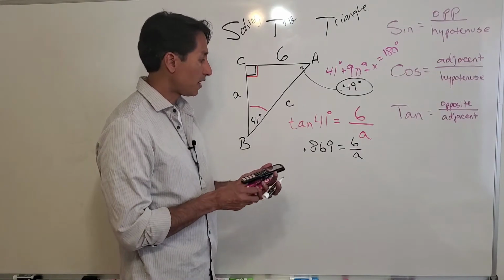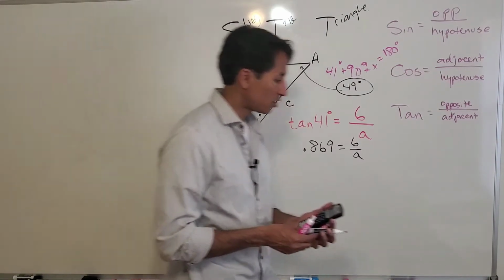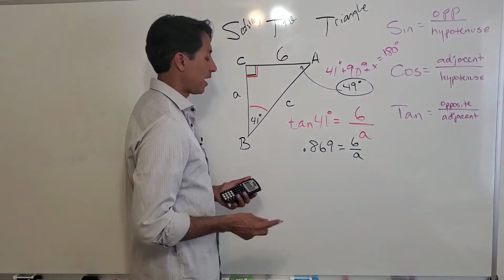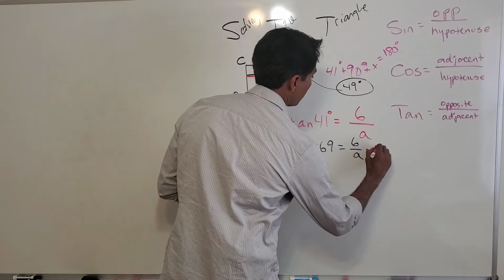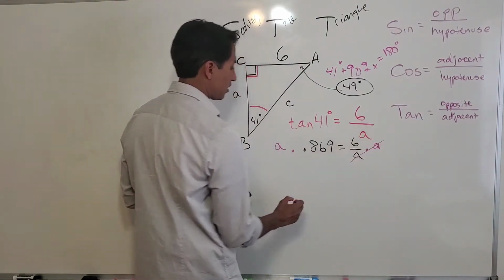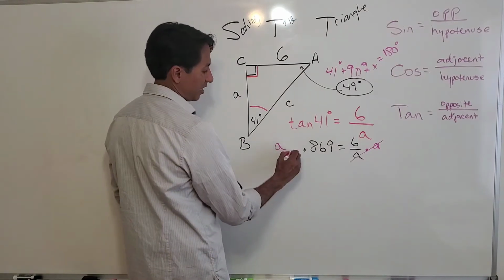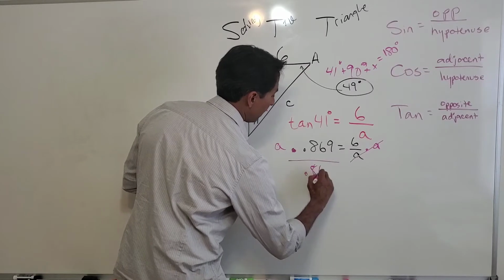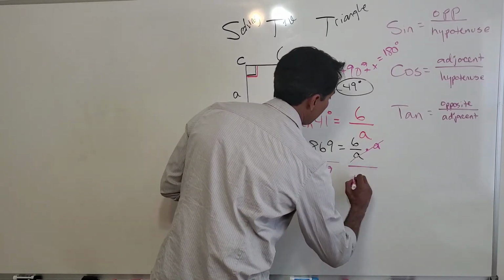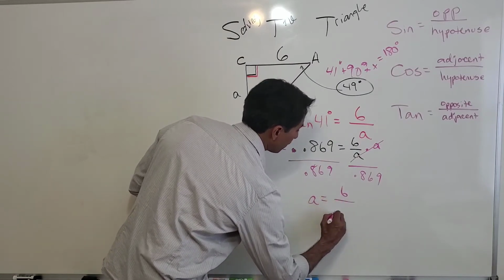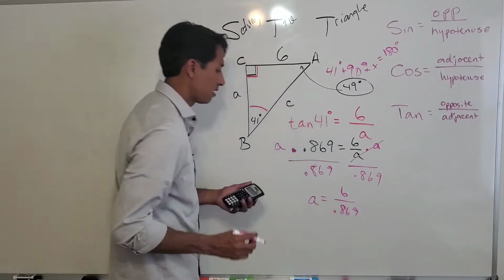There are different ways to do this. I think the book just has you move everything around. They have you multiply both sides by A so that the A's cancel, and now you have A times that, and then you divide both sides by 0.869, so A equals 6 over 0.869.